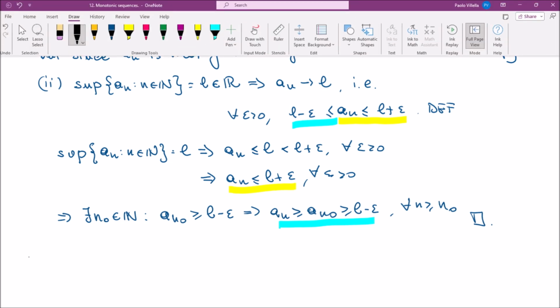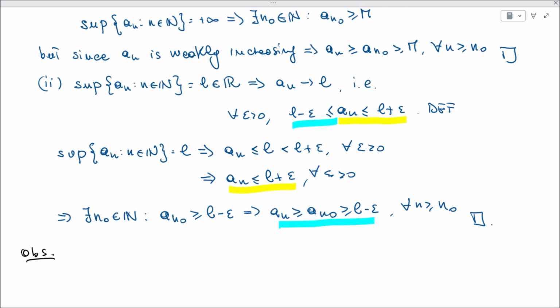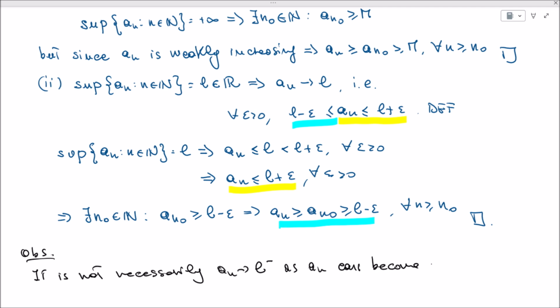We can make an observation now. So what we can say is that it is not necessarily the case that an converges to L minus, as it is possible that an can become L in a definitive way.